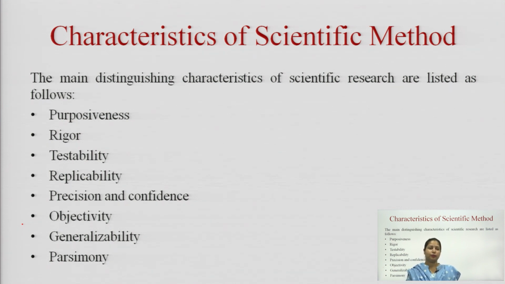Whatever result we derive should be objective, in alignment with what we initially started with. Our research should not deviate from the initial objectives, and the result we find should be purely based on the data.